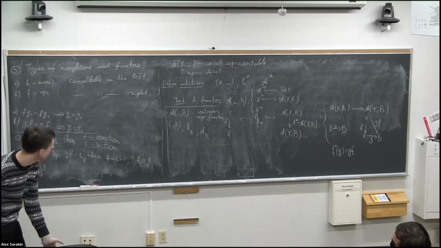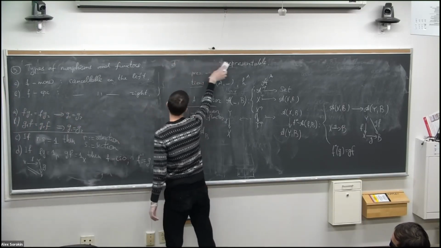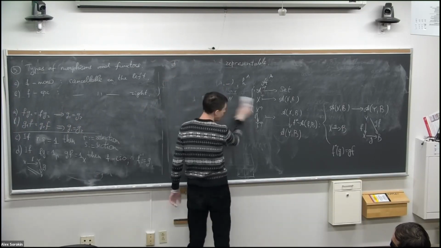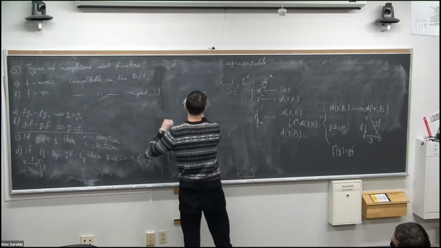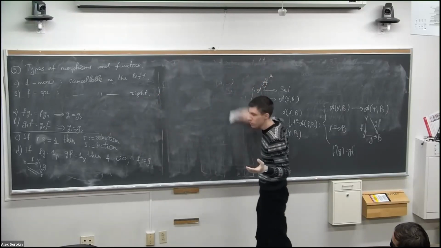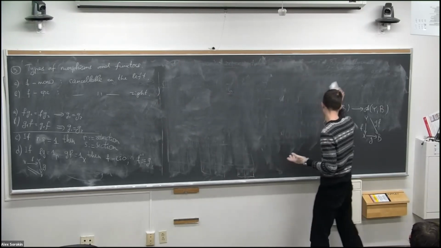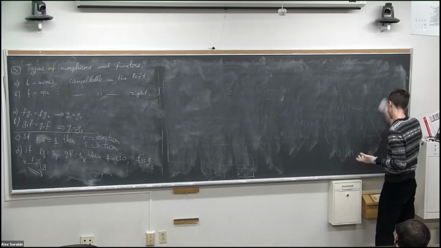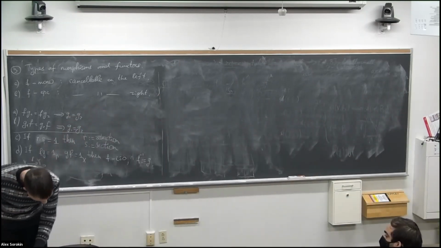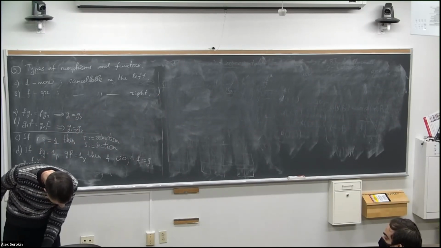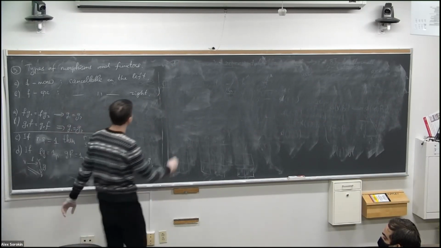Okay. Then I won't be myself if I don't tie the previous talk and the current one together. So let's tie together representable functors and types of morphisms. So, statement.